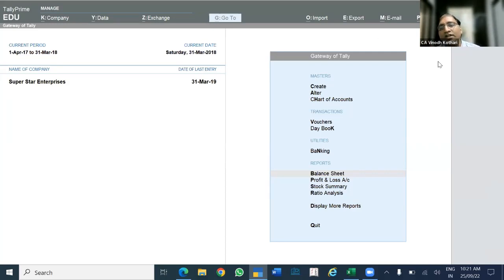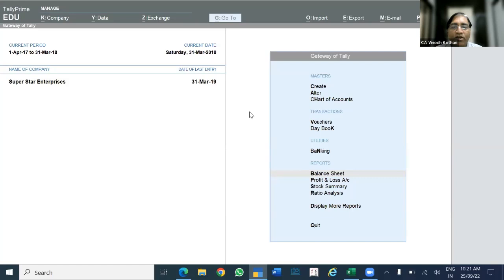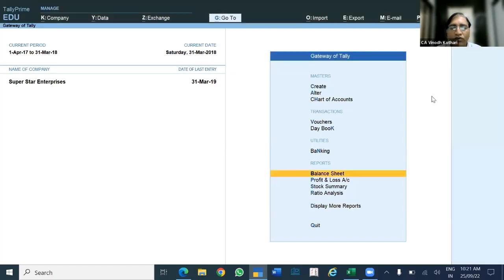Fine. Now we'll see how to install Tally. We are going to learn and install Tally. So open your browser. I'm going to tell you one website. What Tally we are going to install is an educational mode. Now, can you see in my Tally somewhere EDU is mentioned?